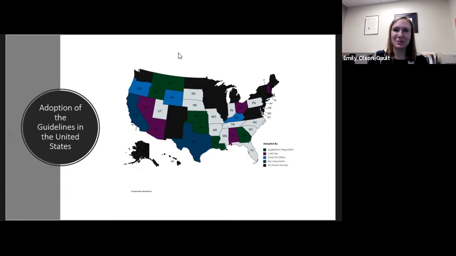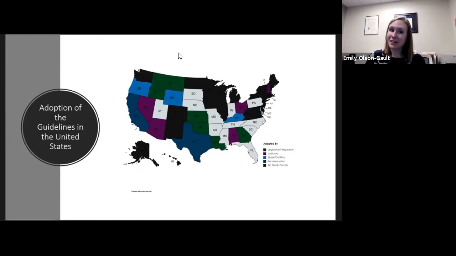And we are happy to have that happen. We are happy for them to put their name on it as a Texas set of guidelines to guide lawyers in that state. And that gives them some additional credibility as well in a state that likes to be very independent and think of itself as being different than the rest of the United States.